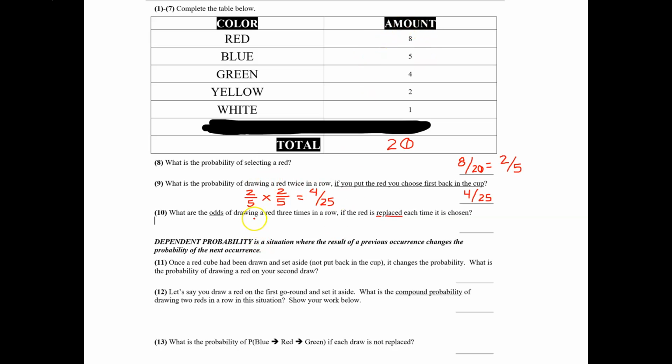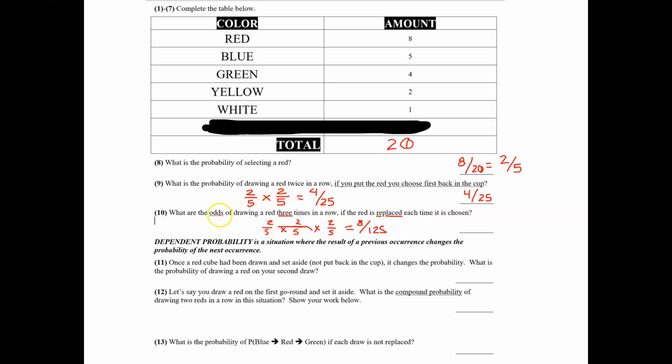Well, we know that drawing a red is 2/5, and we want to do it 3 times in a row. So we're going to do 2/5 times 2/5 times 2/5. 2 times 2 times 2 is 8. 5 times 5 times 5 is 125.